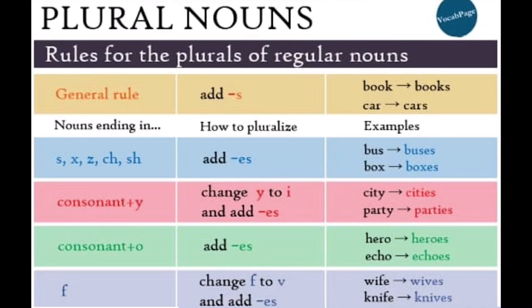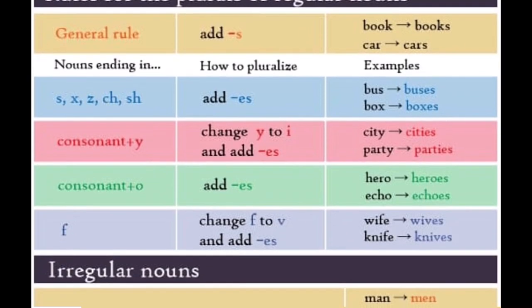Okay. Now, some nouns that end in the letters S, X, Z, CH, SH. Some words that end with these letters, such as S, X, Z, CH and SH, we add ES to make them plural. For example, bus.